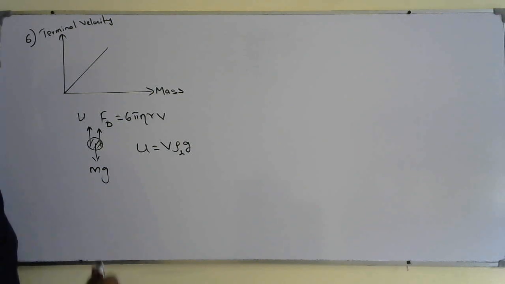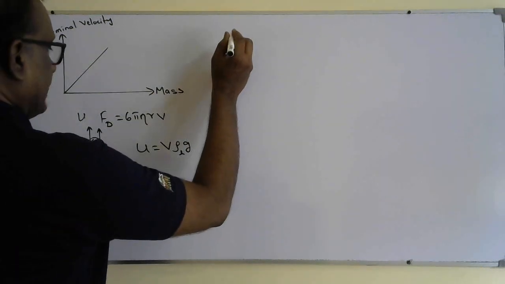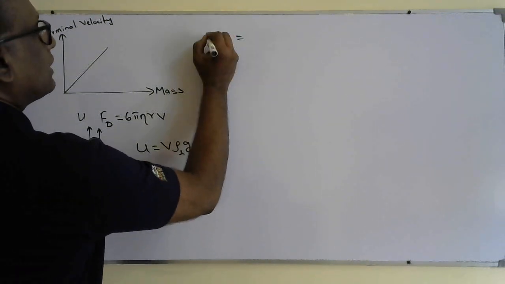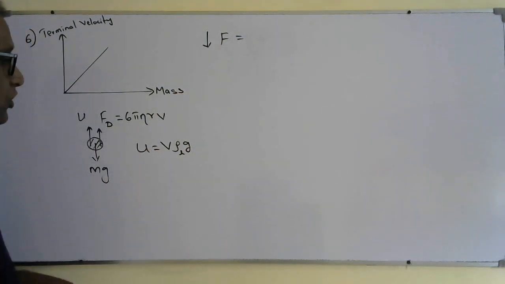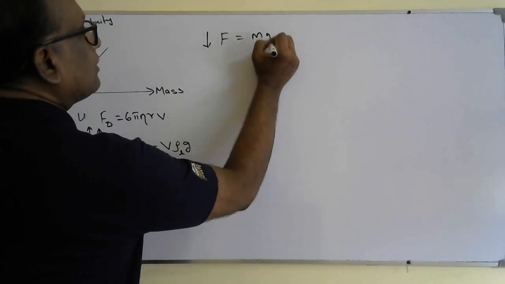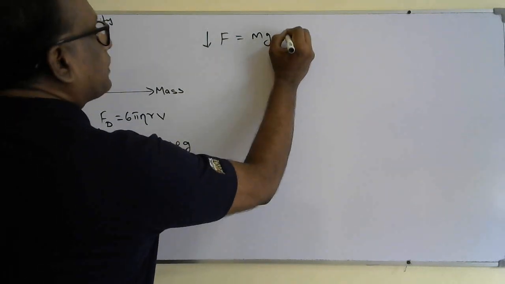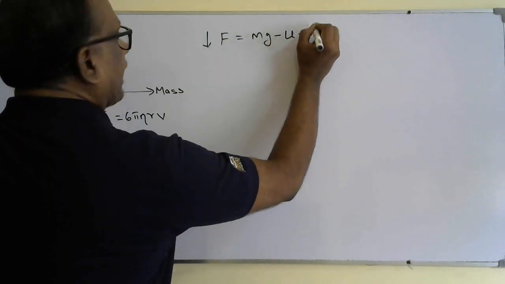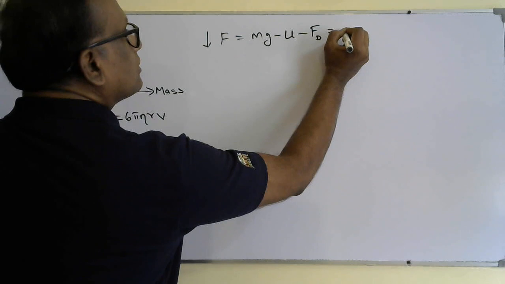So at terminal velocity, the resultant force must be equal to 0. Taking downwards, that is weight minus upthrust minus drag force, which must be equal to 0.